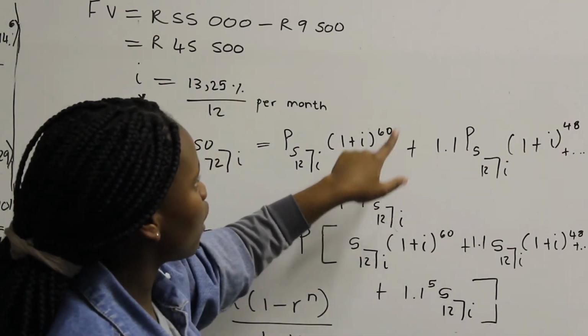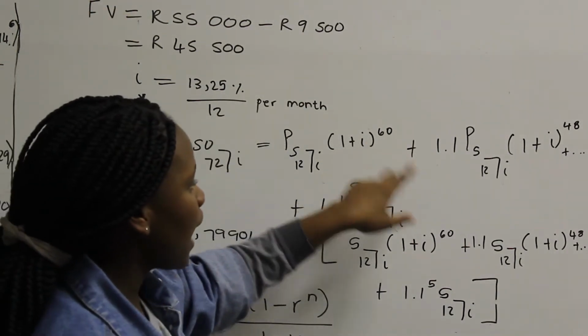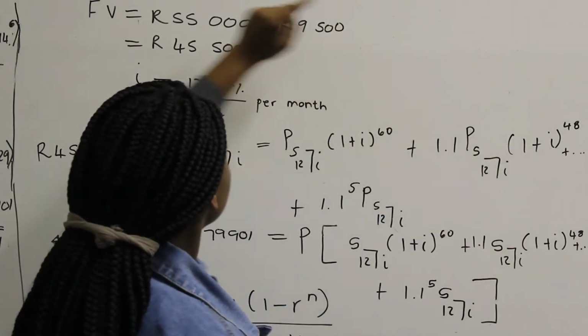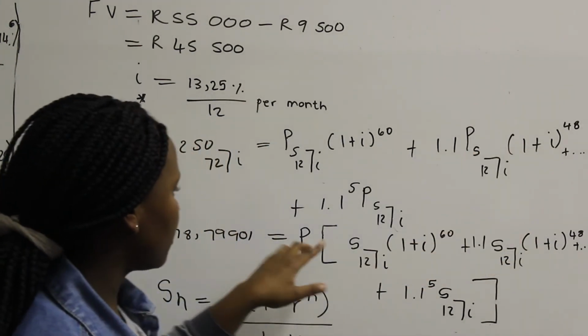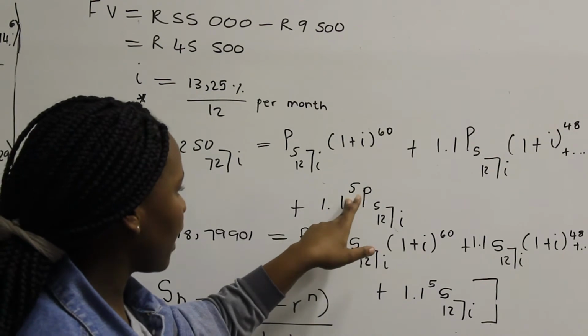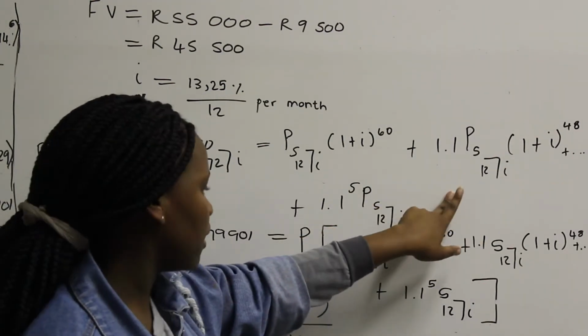This 60 comes from 72 minus 12, which gives us 60. The third is 60 minus 12, which gives us 48, plus so on. The final year will only be 1.1 to the power of 5 and the future value, with no added bracket because it's the end.